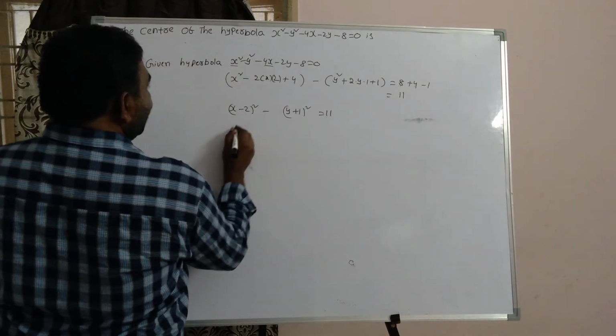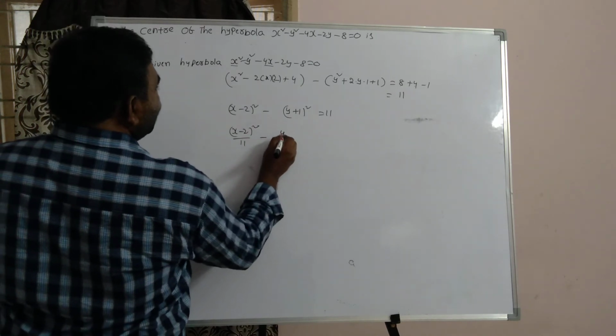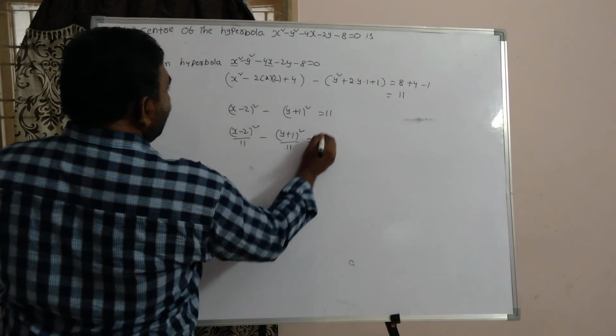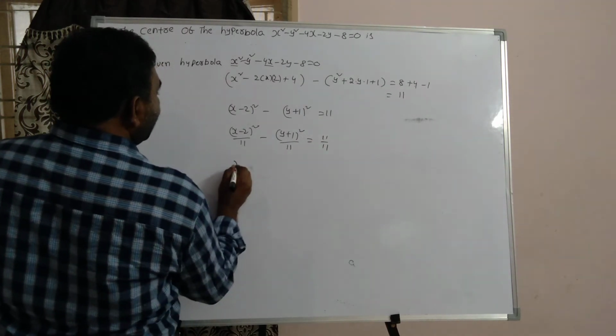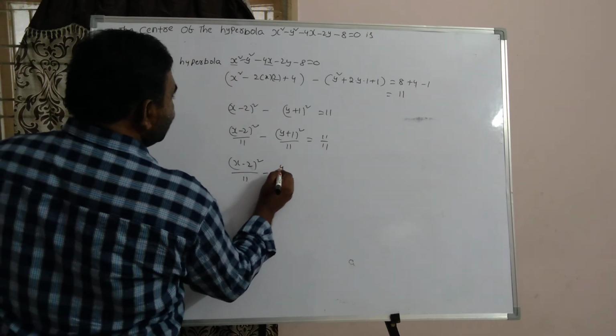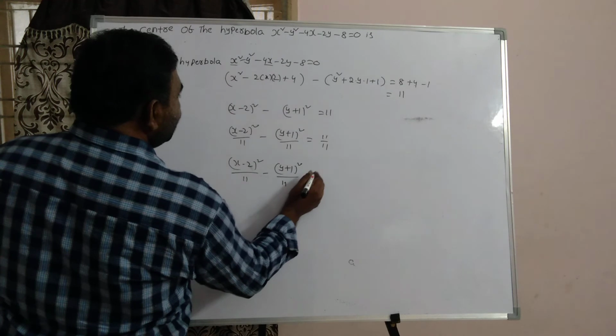Divide 11 on both sides, we get x minus 2 whole square by 11 minus y plus 1 whole square by 11 is equal to 11 by 11. Here x minus 2 whole square by 11 minus y plus 1 whole square by 11 is equal to 1.